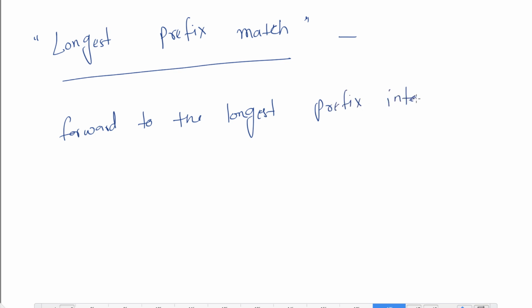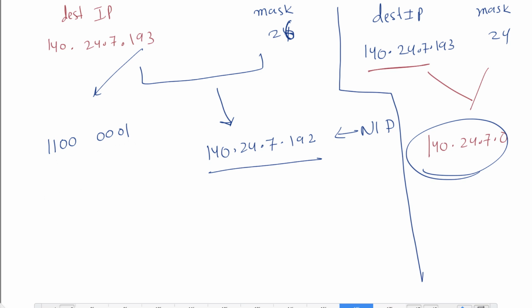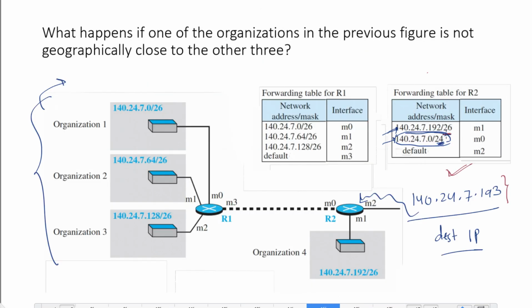If there are multiple matches, so here, since there are multiple matches, it will forward to M1. It will get forwarded to M1. Why? Because this 26 is greater than 24. That is why it will get forwarded to M1.